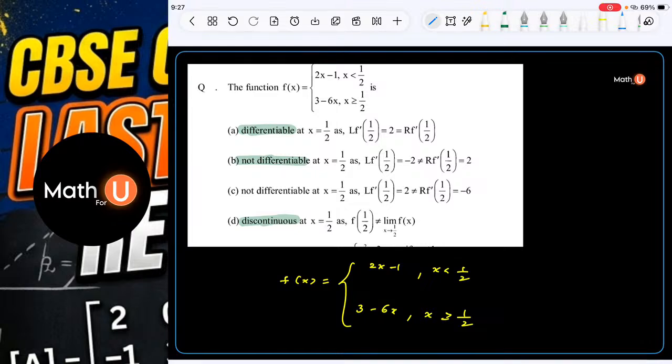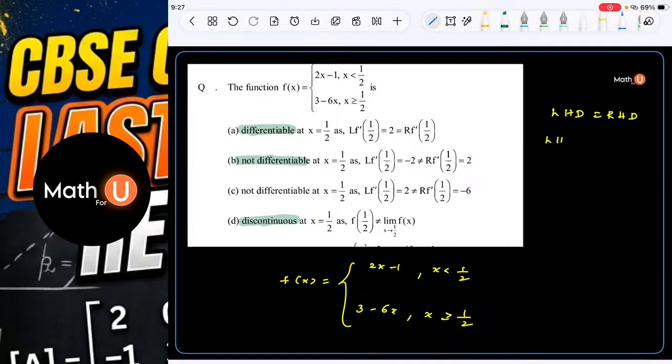If you want to tell whether the function is differentiable or not, you should check whether the LHD equals the RHD. If the left hand derivative equals the right hand derivative, then the function is differentiable. Otherwise the function is not differentiable.